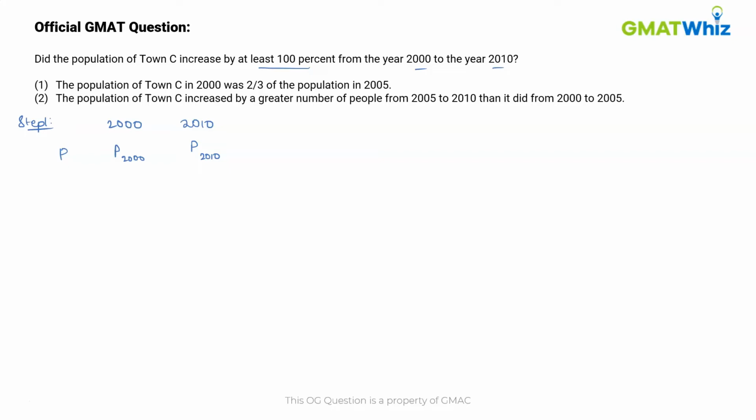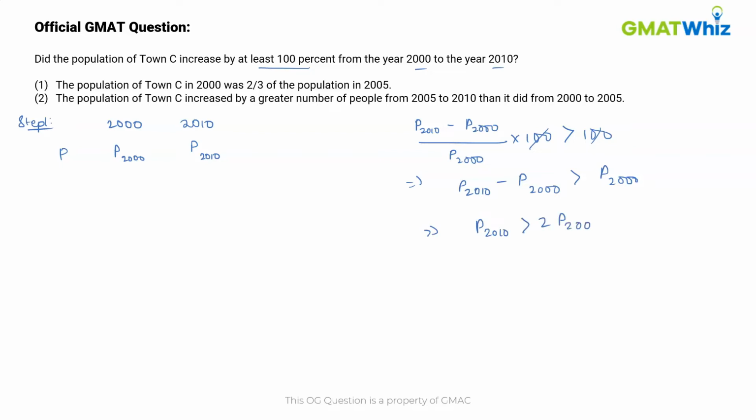So the increase can be written as P of 2010 minus P of 2000, divided by the population in the year 2000, multiplied by 100, and we check if it is greater than 100% or not. Now this gives us population in 2010 minus population in 2000 is greater than population in 2000, or we can write this as P of 2010 is greater than twice P of 2000.